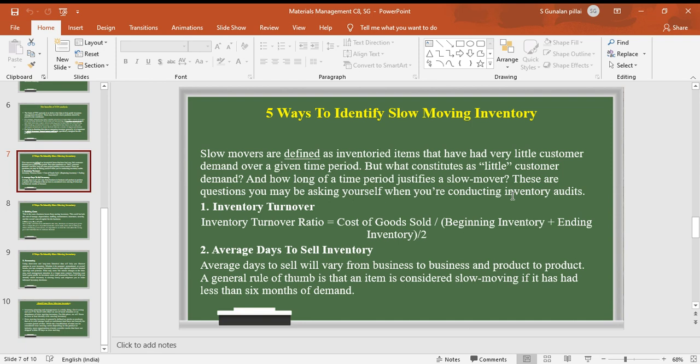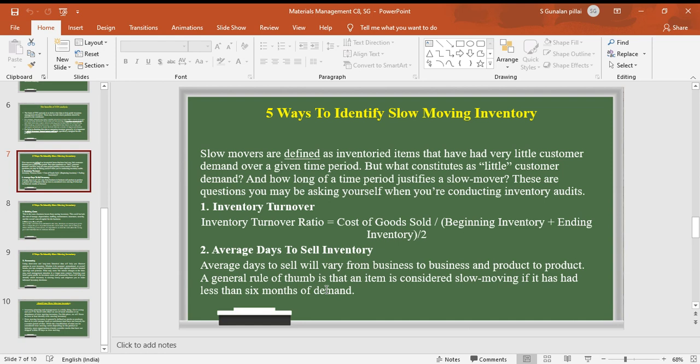Remember the formulas. These formulas are applied in the software solutions. As a manager, we have to know about the formula, but we should also know how to apply the software solutions in the business. That is very important. Then average days to sell inventory. Average days to sell will vary from business to business and product to product. A general rule of thumb is that an item is considered slow moving if it has had less than 6 months of demand.